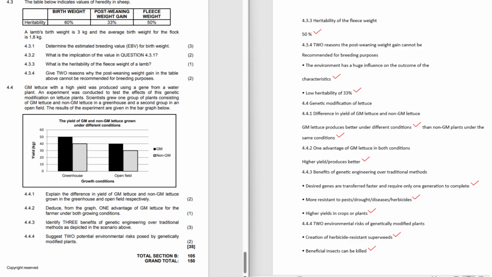It takes time to improve crops using traditional methods, but with genetic modification, those desired genes can be transferred quickly using the various techniques of genetic modification. Then it is faster and quicker.